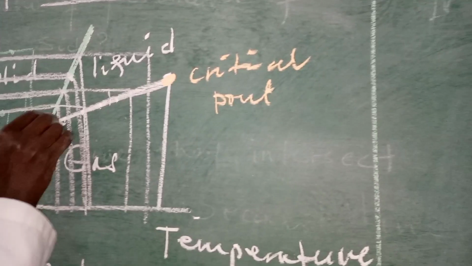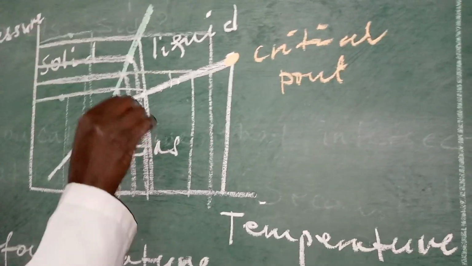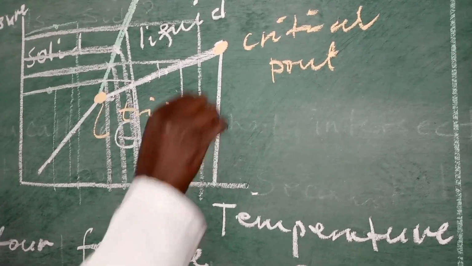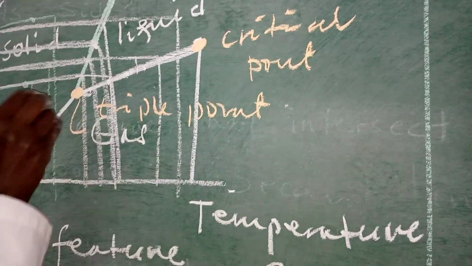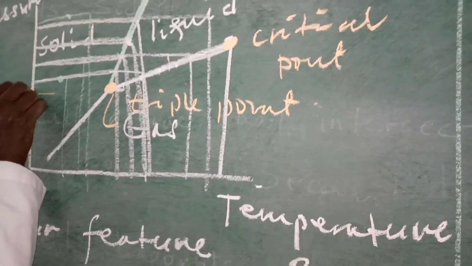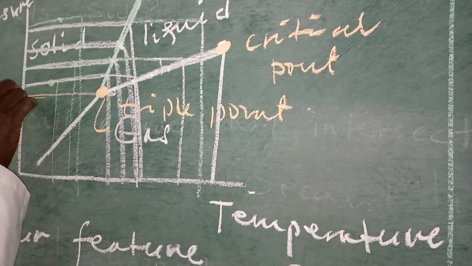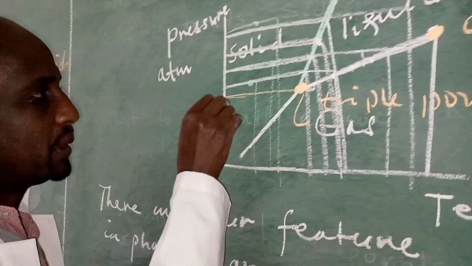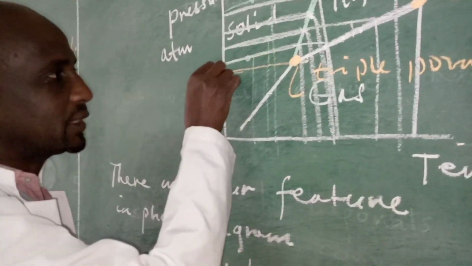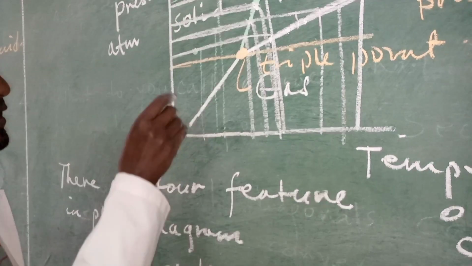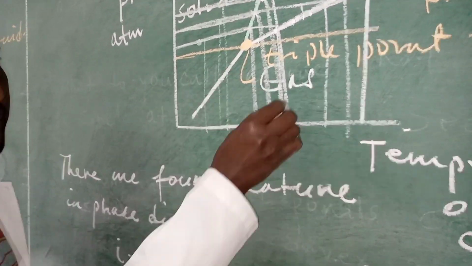You can say here, a substance never exists in the form of liquid if the pressure is below the triple point. If the pressure is below the triple point, a substance exists in the form of solid and gas.